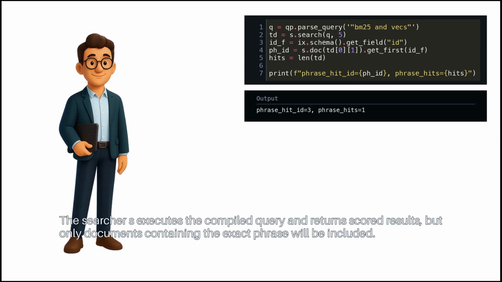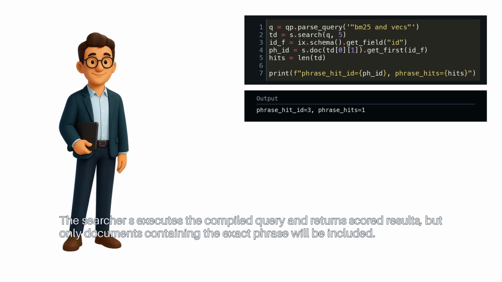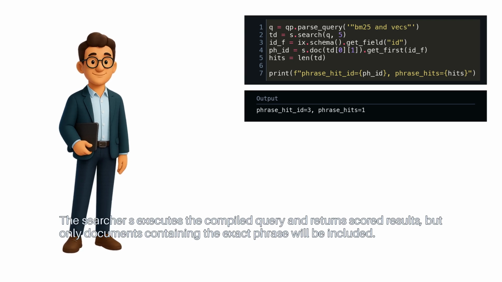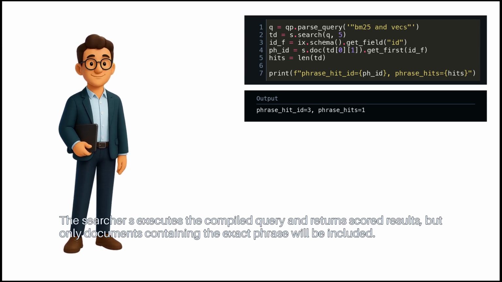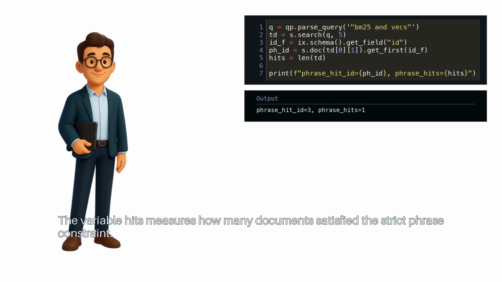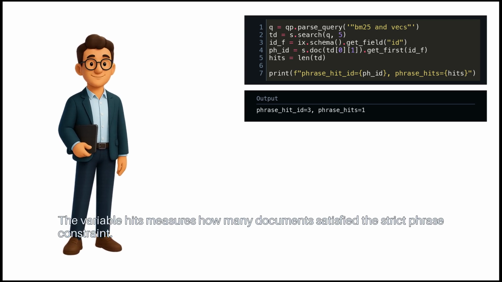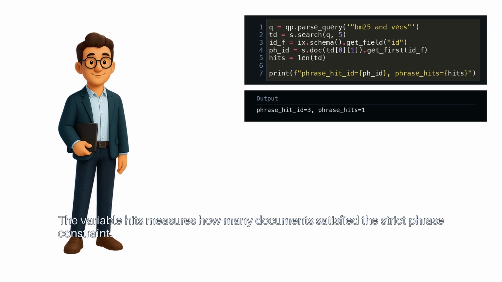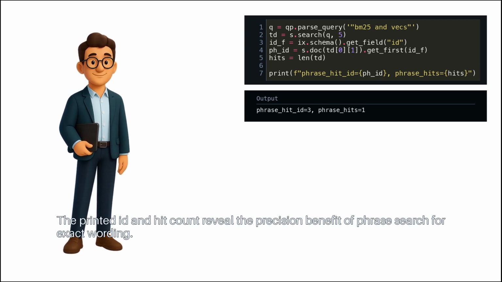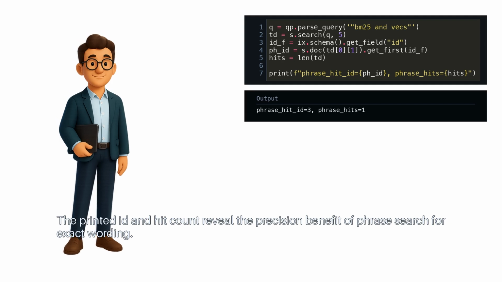The searcher S executes the compiled query and returns scored results, but only documents containing the exact phrase will be included. Using IDF, the stored ID of the top match is retrieved to make the outcome obvious. The variable hits measures how many documents satisfied the strict phrase constraint. The printed ID and hit count reveal the precision benefit of phrase search for exact wording.